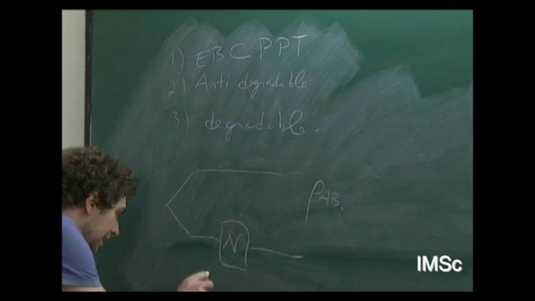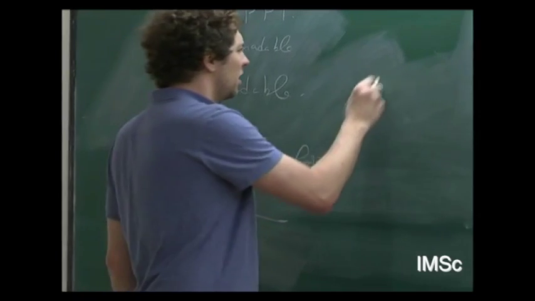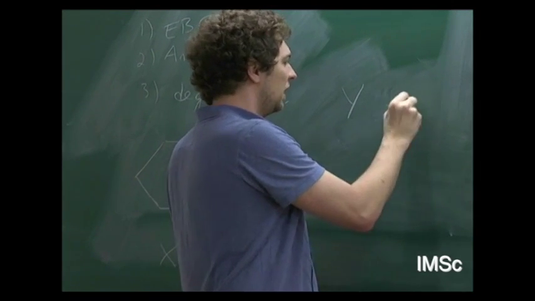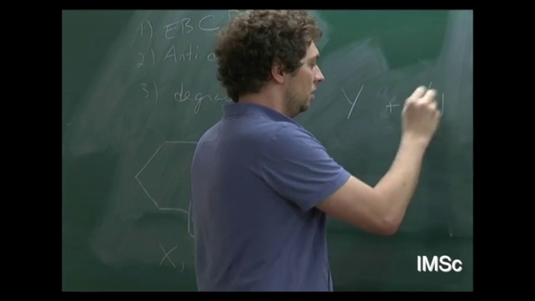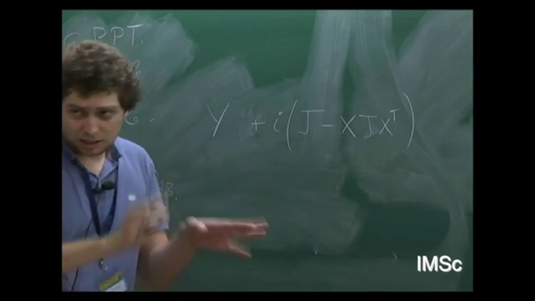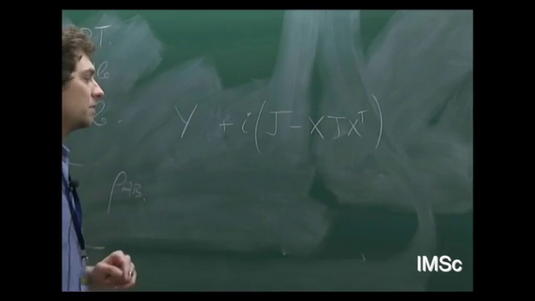Remember, there was this X and Y for the channel that have to satisfy this property that Y plus i J minus X J X transpose should be bigger than or equal to 0. Maybe I messed up the transposes a bit.